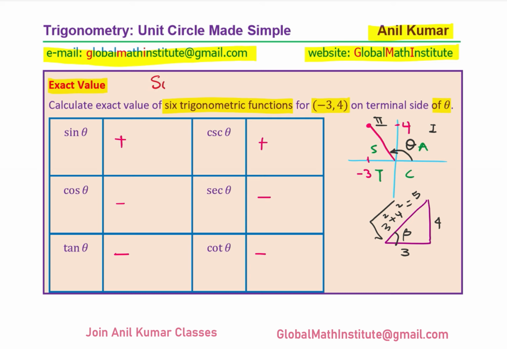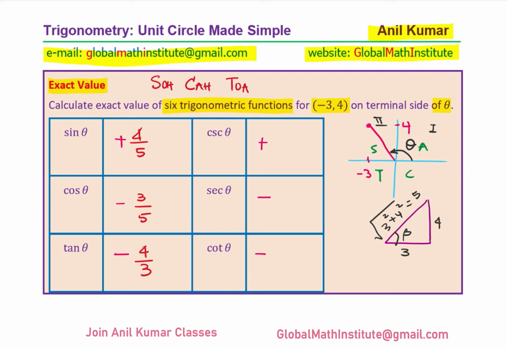Now let's write down the values. SOHCAHTOA, sine is opposite over hypotenuse, cos adjacent over hypotenuse, tan opposite over adjacent, can help you further. But anyway, sine is opposite over hypotenuse, which means 4 over 5, correct? Cos is adjacent over hypotenuse, which means negative 3 over 5, and tan is negative 4 over 3, opposite over adjacent.